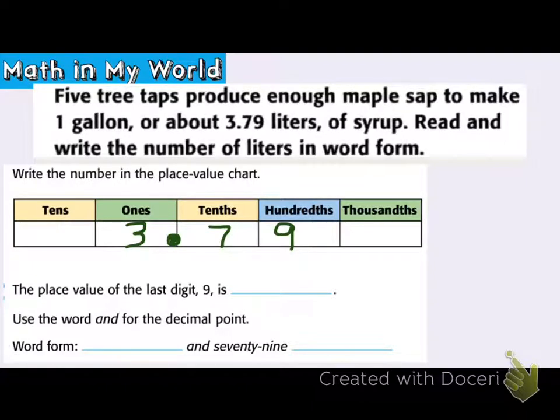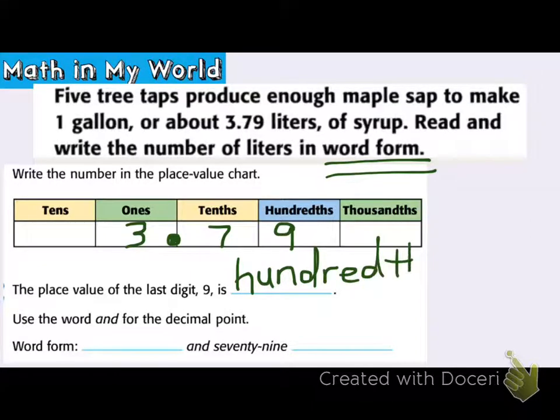Step 2, write it in the form they're asking. Well, they're going to be asking us for word form. And I'm going to make sure to write here that it ended in the hundredths place. So I know it's 79 hundredths, or 379 hundredths. If I'm writing it in word form, they've been very kind to me and already put 79.